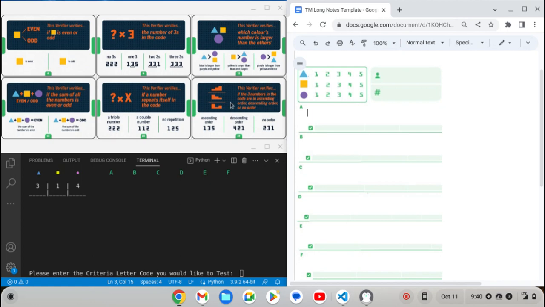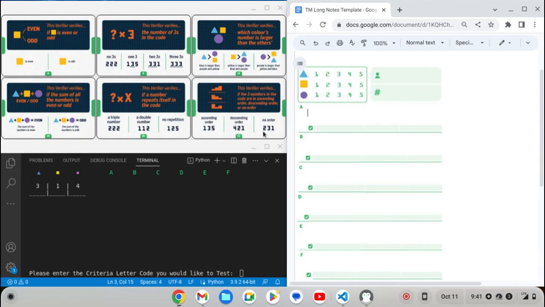And finally, criteria card F, again, takes a look at the 3-digit solution, but this time it'll let us know a little bit about the ordering of the digits, from triangle to square to circle. Should the digits appear in an ascending order, meaning that they're increasing, as in the example 135, or should they appear in a descending order, or decreasing, as in the example 421, or should the 3-digit solution have no order?